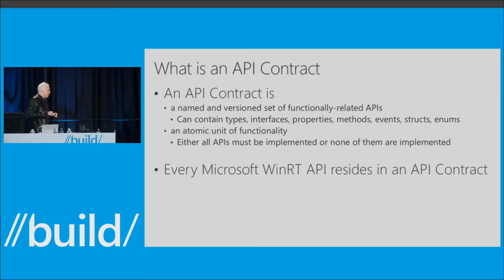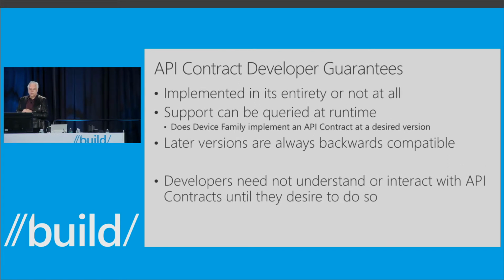So as of Windows 10 threshold, every WinRT API is part of an API contract. There is not an exception for a public API, which are the only ones you guys care about. We put everything in one API contract. Talked about the guarantees.